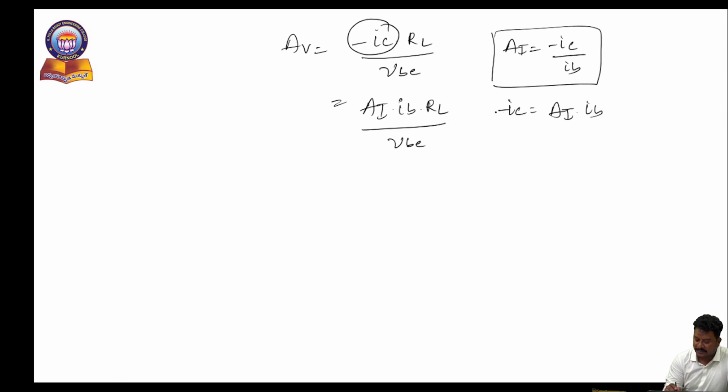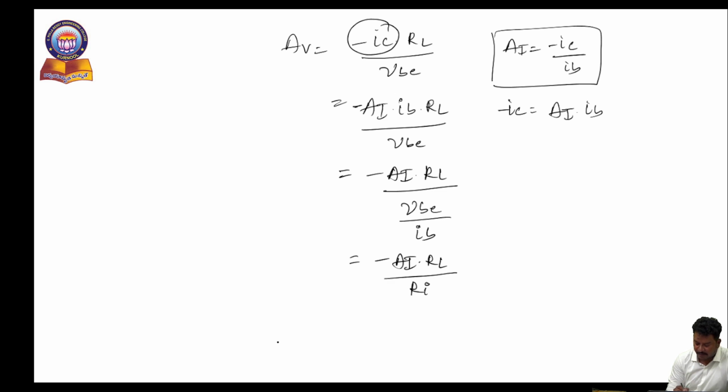Of course, we can send the minus sign here also, so it becomes minus AI into IB into RL by VBE. This I can consider as minus AI into RL by VBE by IB. This is nothing but minus AI into RL by input resistance RI. That is nothing but AV.